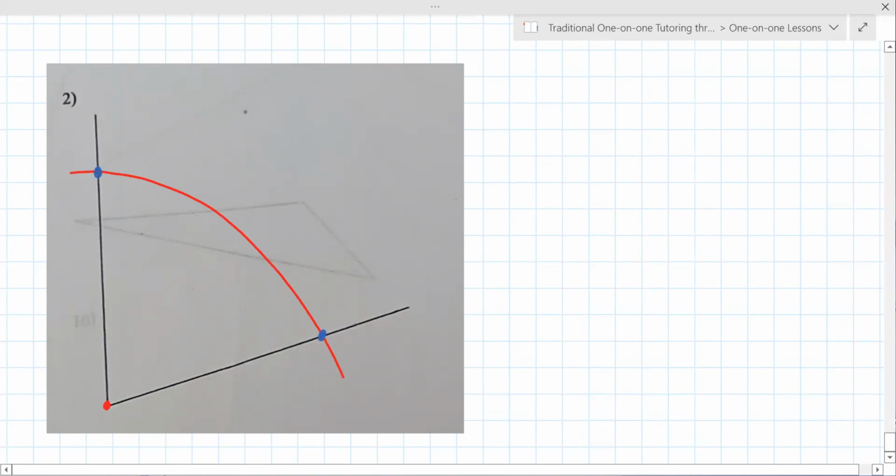And then you increase the size of your compass and you swing another arc from each of them, and you get a point of intersection there. And then that connects with the vertex. And these angles are congruent.